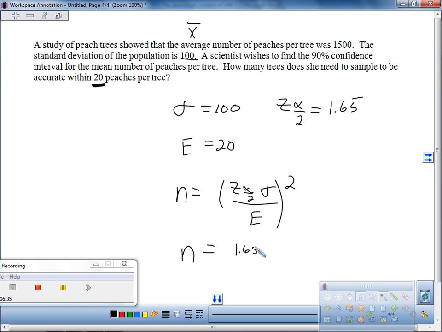Alright, so we end up with 1.65 times 100, all divided by 20. Okay, and we're going to square this, and so we end up with 69. We need to sample 69 trees if we want to be within 20 peaches of the average.